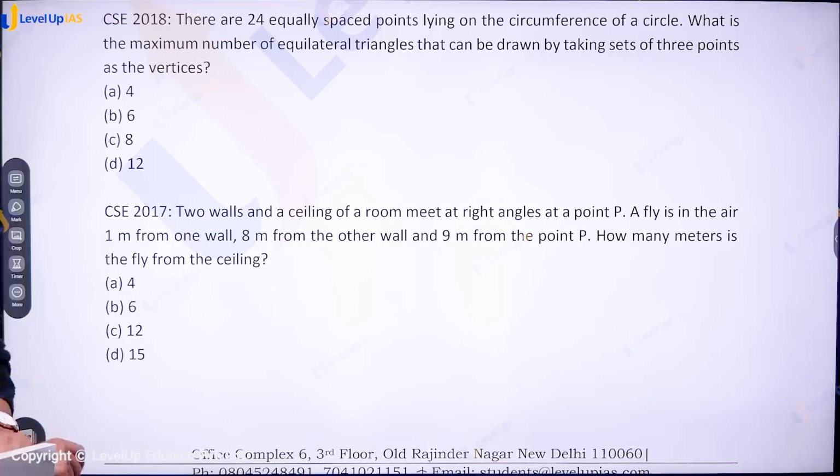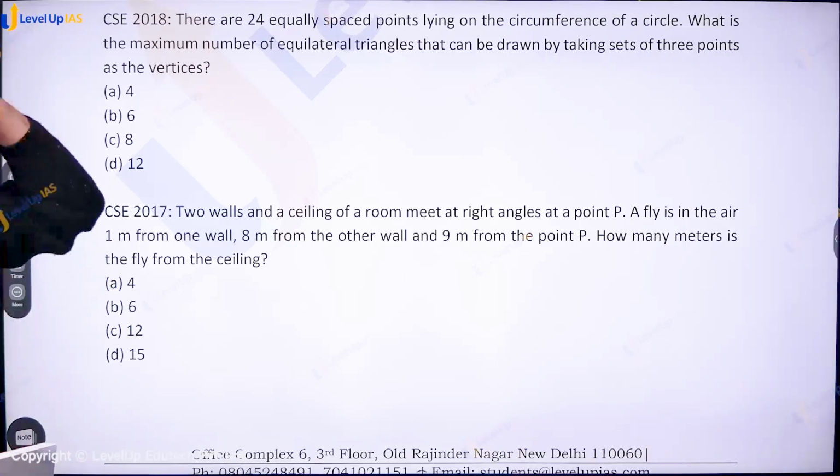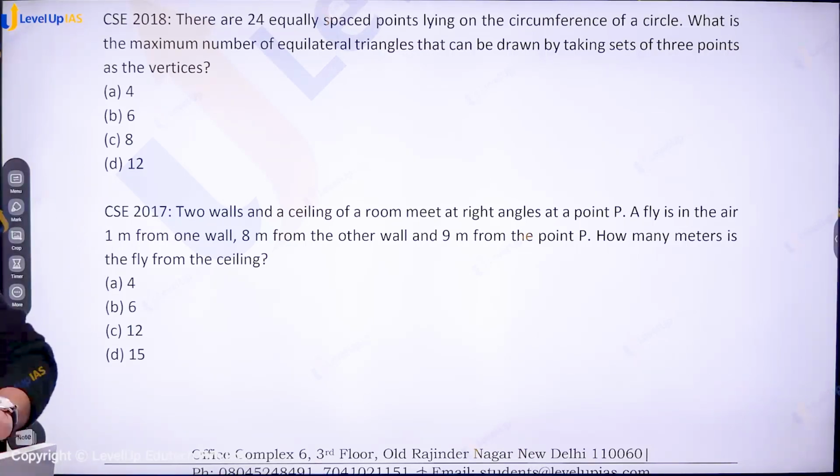Ashwini, Yashraj, what about you guys? What do you think about this question? Okay. Ashwini is also saying 8.